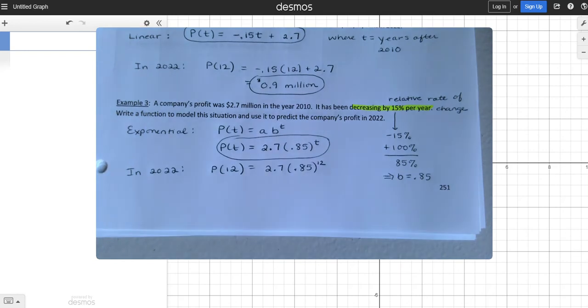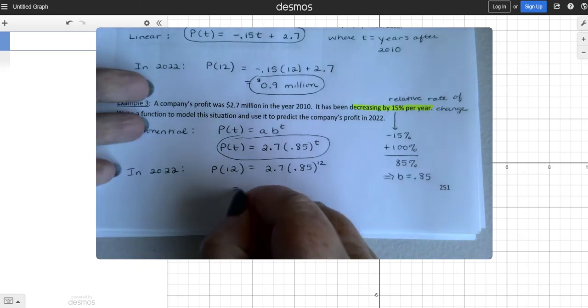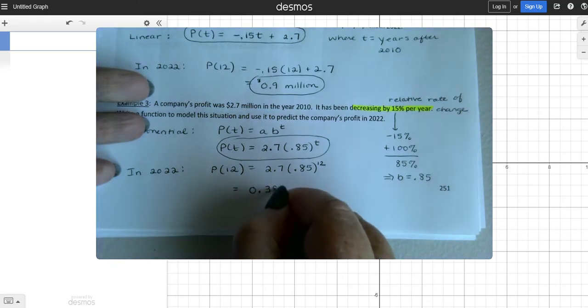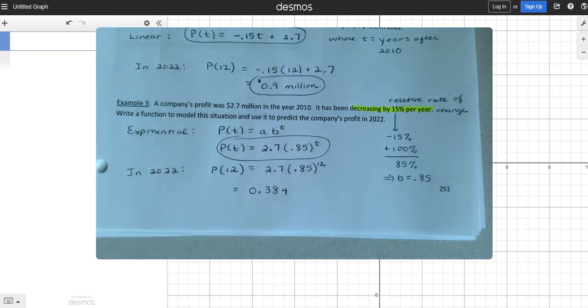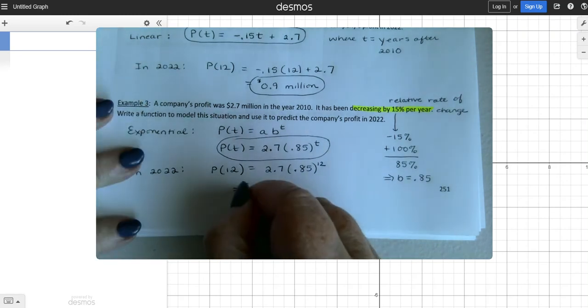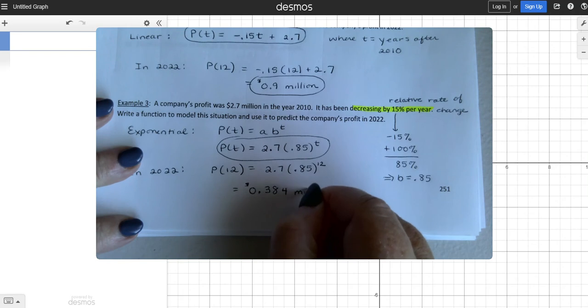And let's see what we get there. I get about 0.384 million dollars.